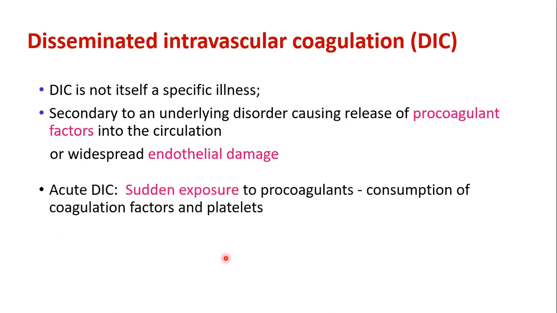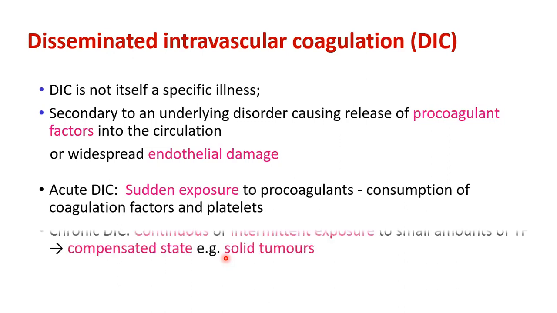Acute DIC is sudden exposure to procoagulant, with consumption of coagulation factors and platelets. Chronic is continuous or intermittent exposure to some amount of tissue factor, a consumption state. For example, this happens in solid tumors, cancers.